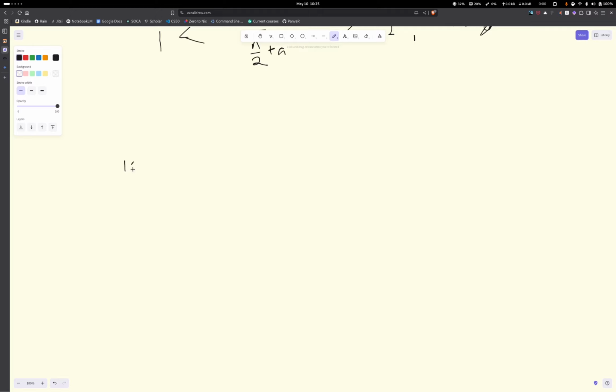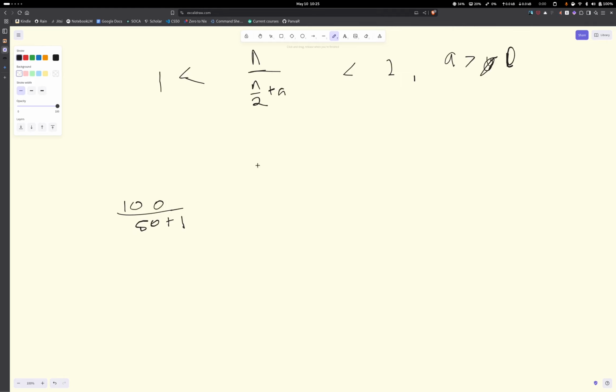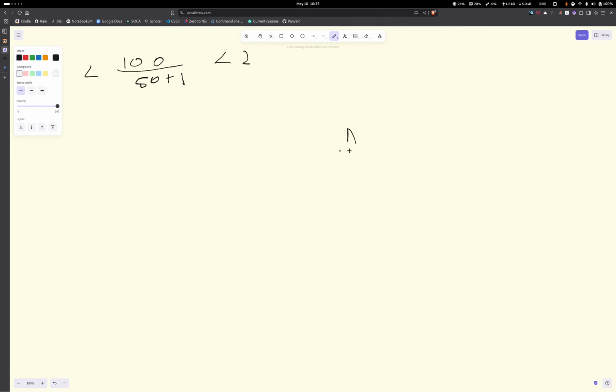For example, 100 divided by 50 gives you 2, but anything greater than 0, for example 1, you will end up with something between 1 and 2. So for any number n, we don't need to go past n by 2.